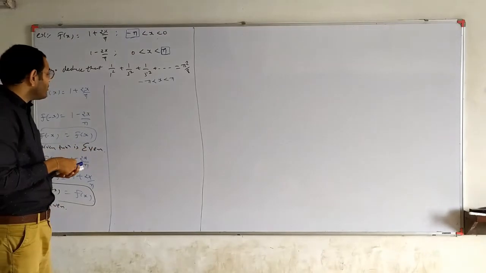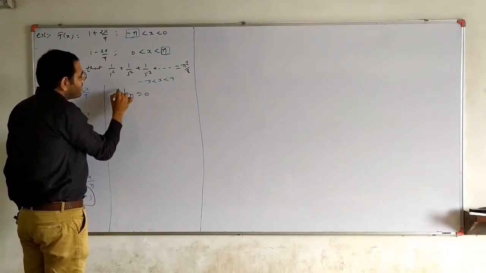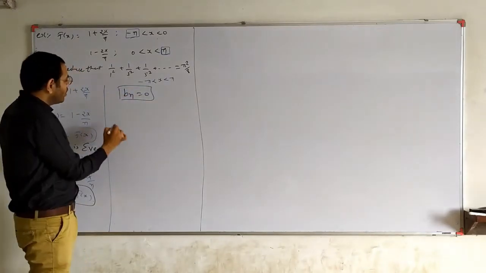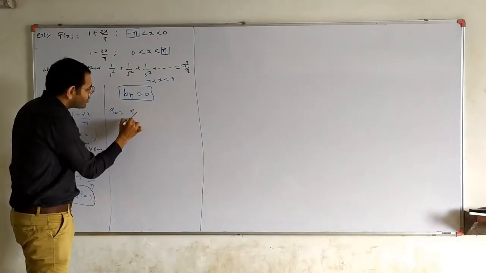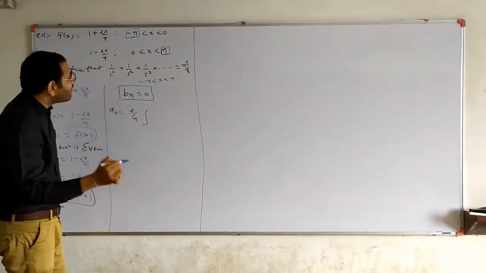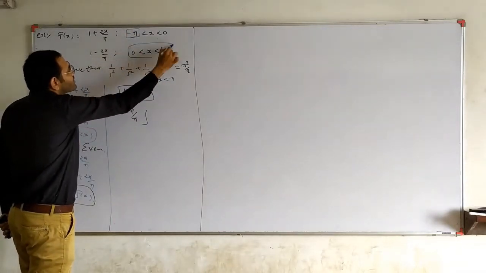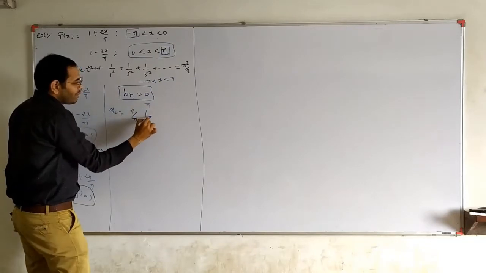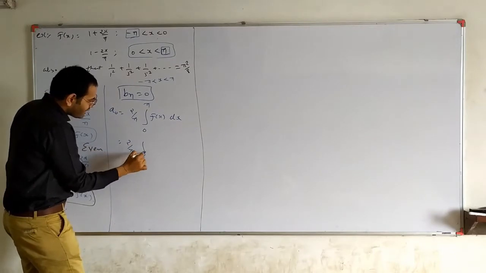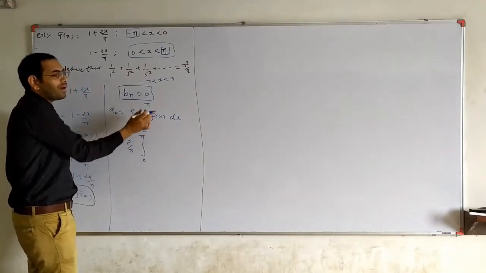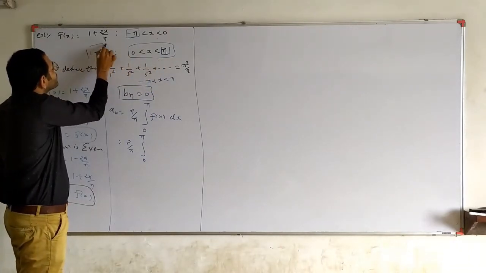Now, if the function is even, then we can directly take bn as 0. Then a0 is equal to multiply with 2. Then the formula is 2 by pi, and half of the interval, meaning the interval is minus pi to pi, then we consider only 0 to pi, integral 0 to pi f of x dx. Then in this range 0 to pi, the function has value 1 minus 2x by pi.